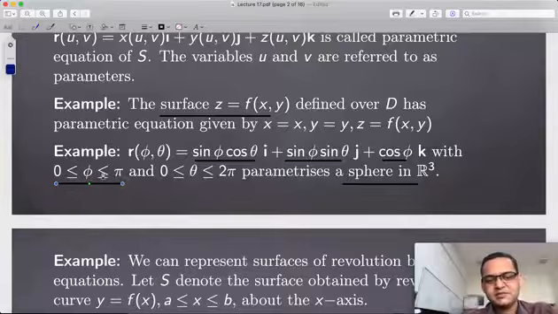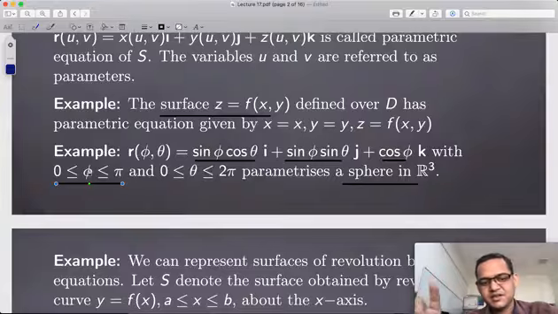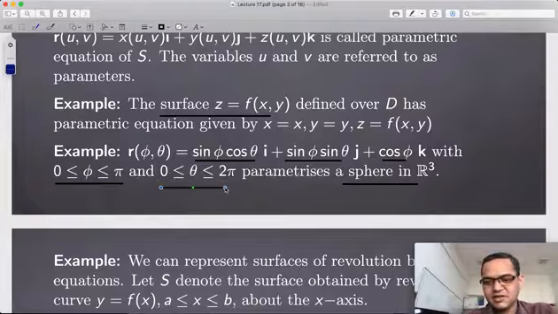This is the angle with the positive z axis. This varies between 0 and pi, and this comes from the polar coordinates in the xy plane, and theta varies. So this radius here is 1. Okay, so this is going to give you a sphere centered at the origin and radius 1, isn't it? So the parameterization here, u and v are basically theta and phi.